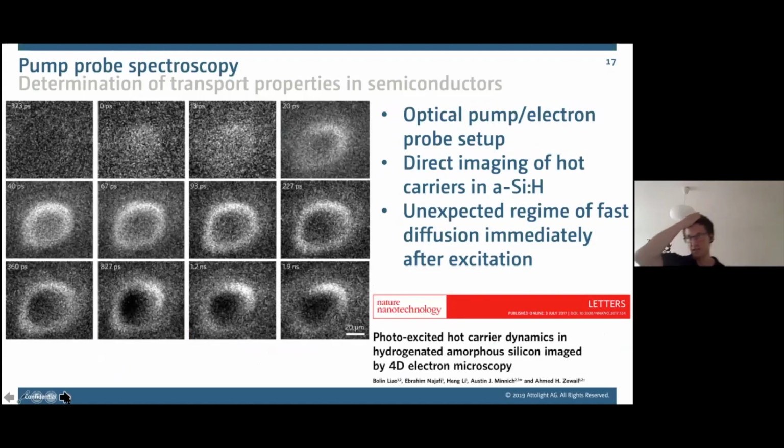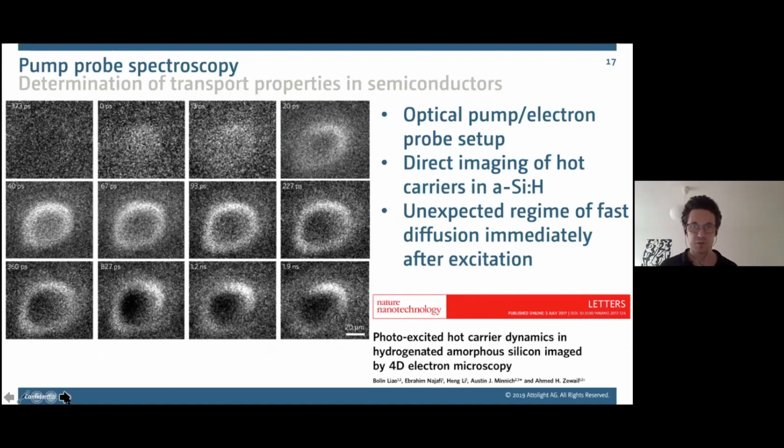This is another example of what you can do with time-resolved stuff, but this is actually not cathodoluminescence. This is using optics to inject light, and using pulsed electron microscopy to see the effect of this light.